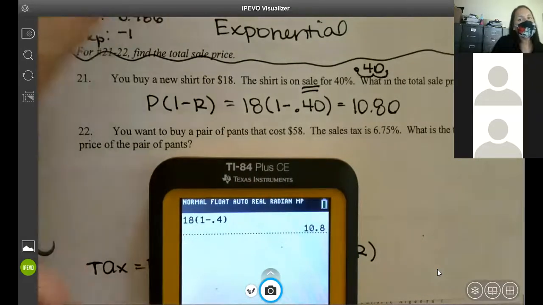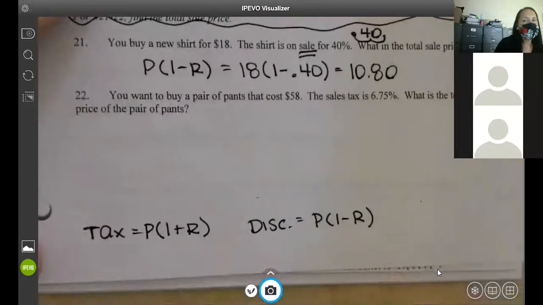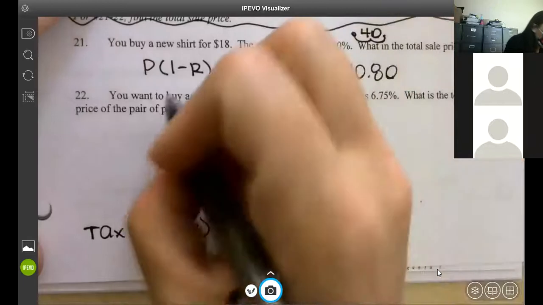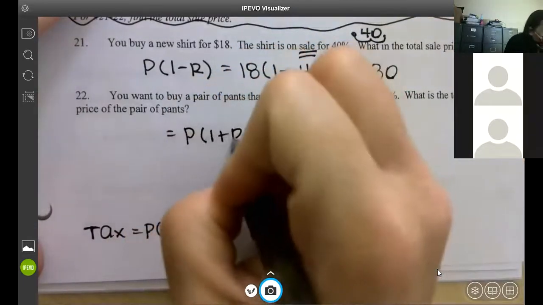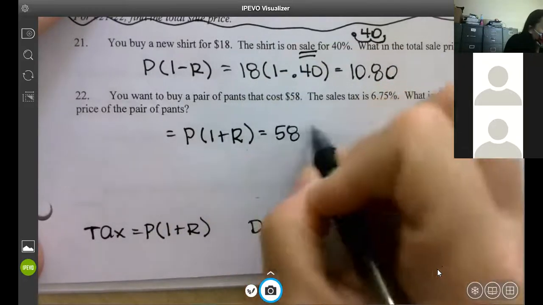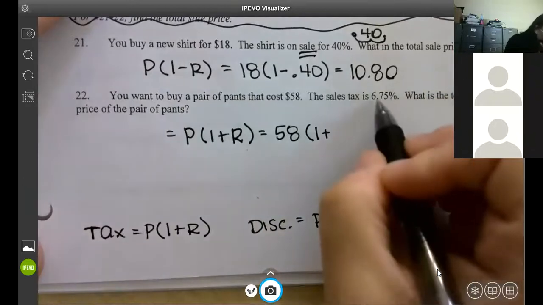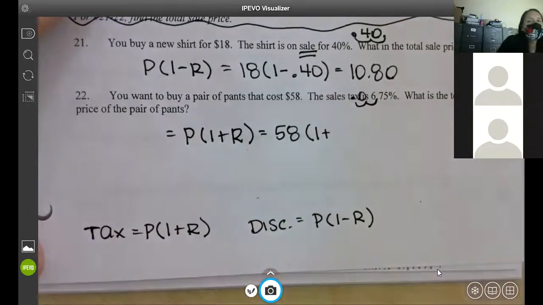The next one says you buy a pair of pants that cost $58. The sales tax is 6.75. What's the total price? So tax is P times 1 plus R. Our price of our pants are 58. Your rate, take your decimal and move it back 2 places. Make sure you fill it in.